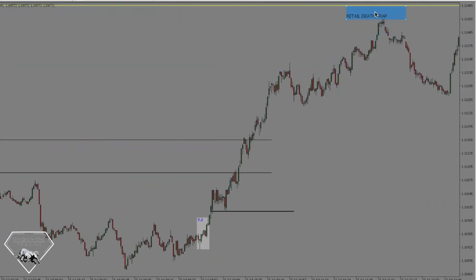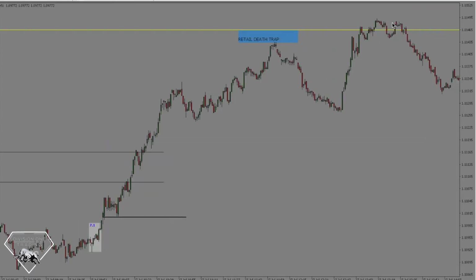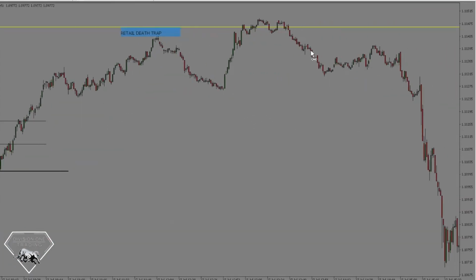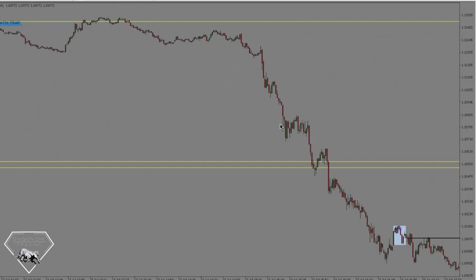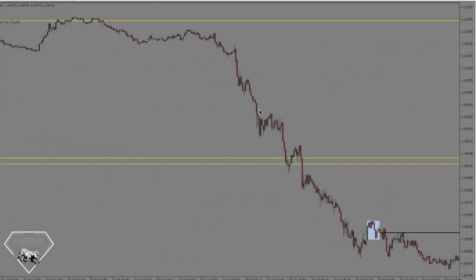Now, again, you can see this is a pretty massive run, and it's from our trade. We have a retail death trap there, it pulls back, then it runs that high of the week. We turn right back around and we start doing the same thing.